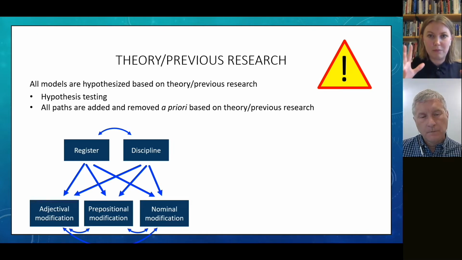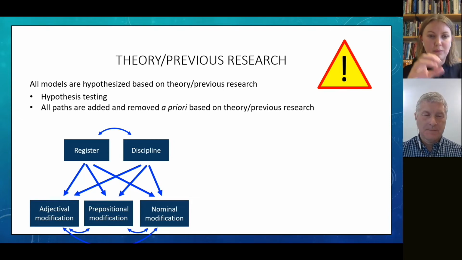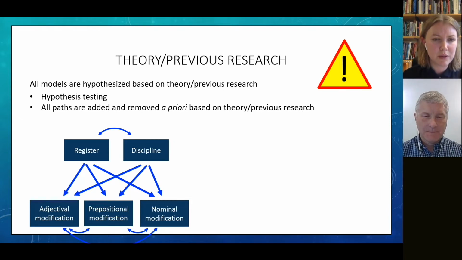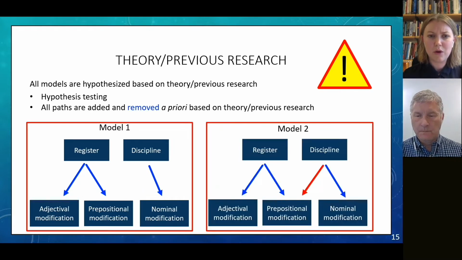This is kind of the maximum. I haven't added the error terms here, but this is the maximum number of things that could be hooked up. But more likely our theory will say something like, no, actually register only affects adjectival modification and prepositional modification, and discipline only affects nominal modification, say. And that would be our model 1 to test.